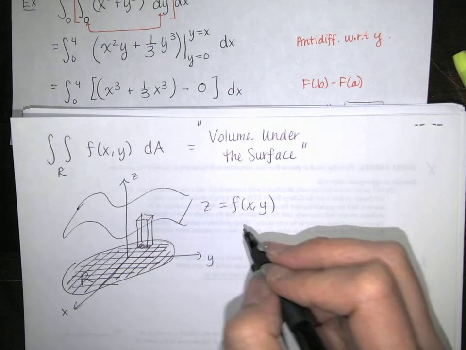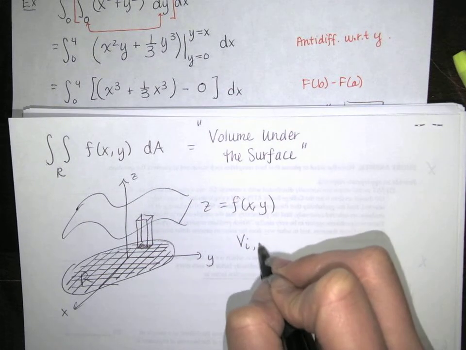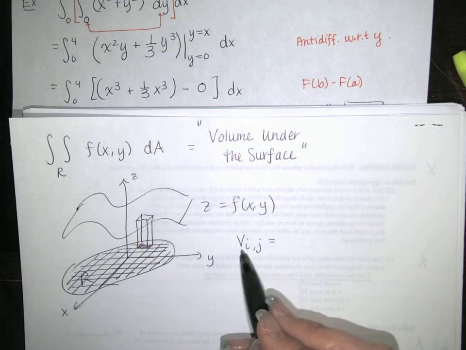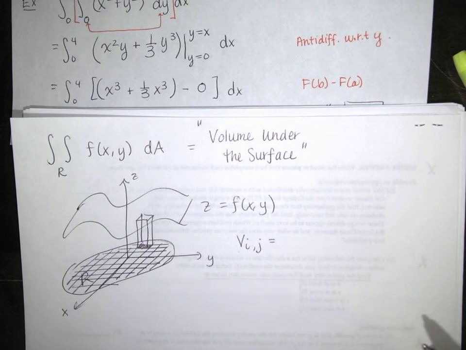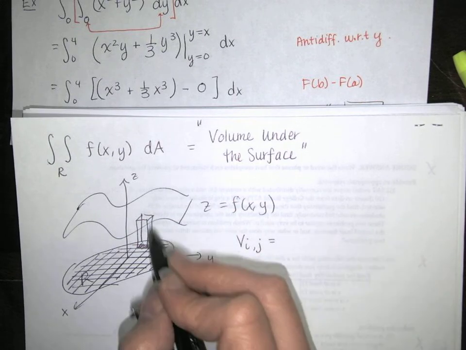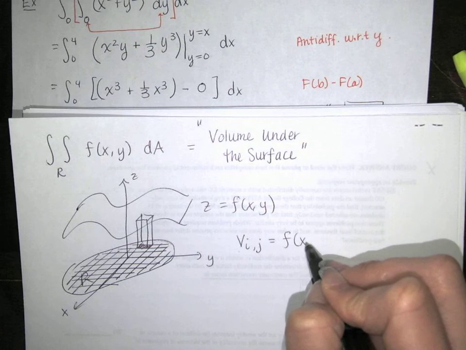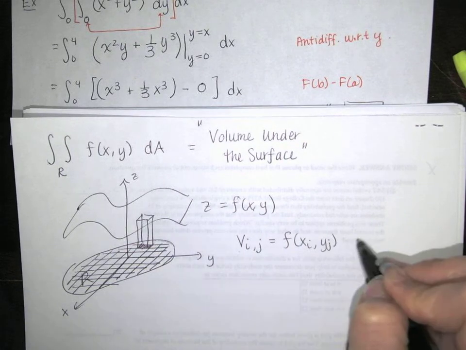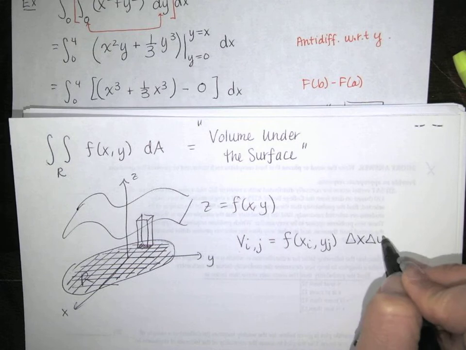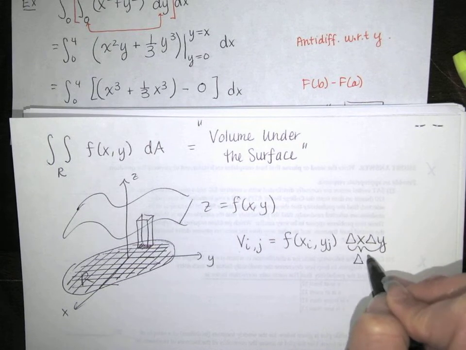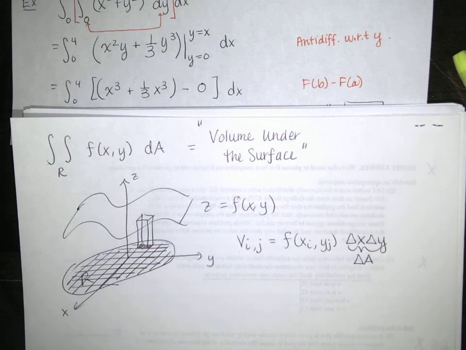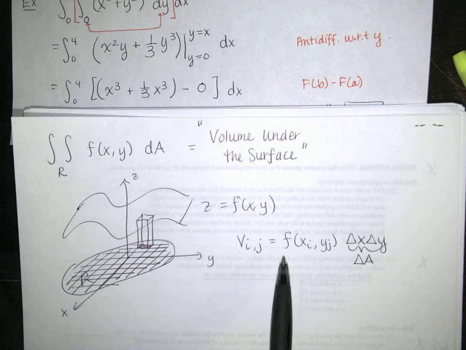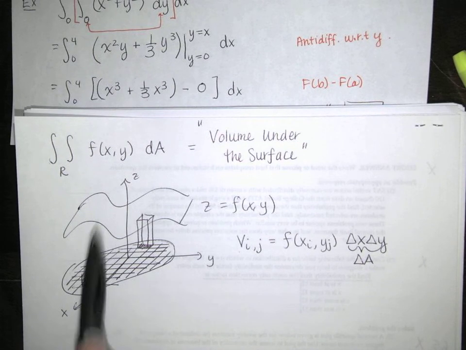The volume of the ith, jth prism, it's the ith subdivision in the x direction, the jth subdivision in the y direction, is going to be the height, which is f of x sub i, y sub j, times the area of the base. And that area is going to be delta x times delta y, or sometimes we'll just call it delta A. Same thing. So we'll add these up in the x direction and the y direction, and that leads to a double integral.